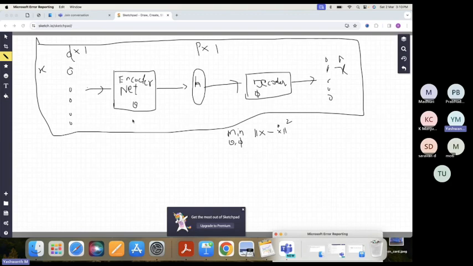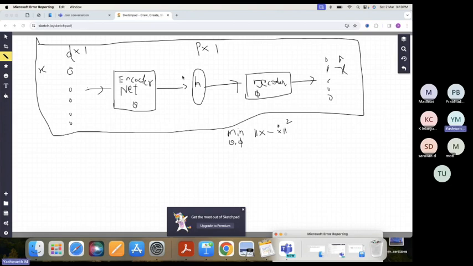By doing this, you learn powerful representations about the input, especially if P is less than D. Now this H has all the information about X that can be used to reconstruct X. So it's sort of compressing your input.